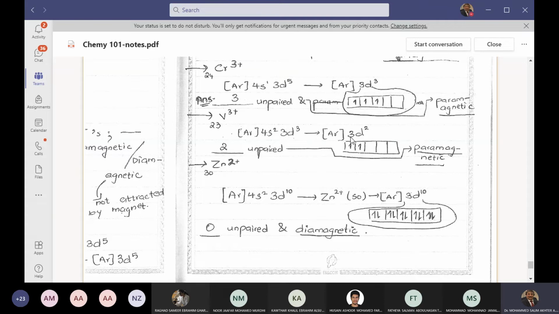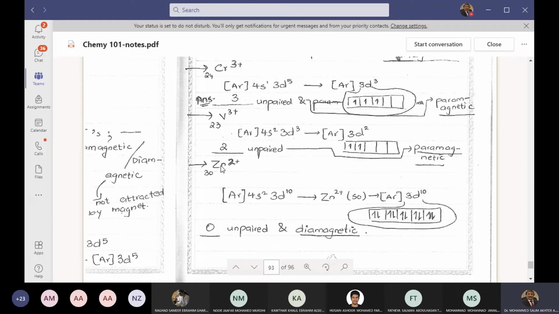Write it down: Ar 3d2. I have 2 electrons, d orbital, 5 boxes, 1 here, 1 here. So how many unpaired electrons? 2. Paramagnetic or diamagnetic? Of course, paramagnetic.